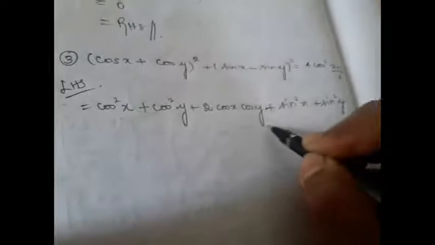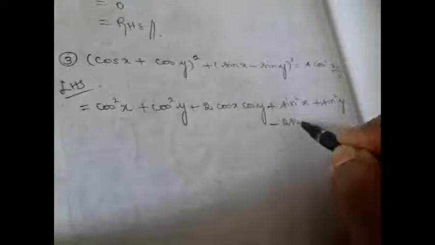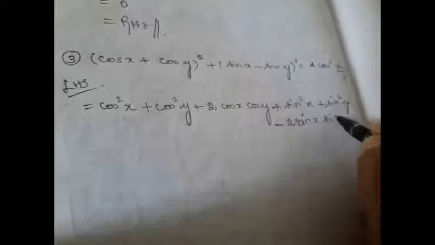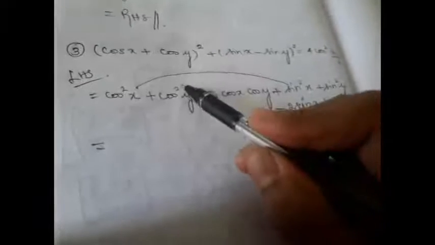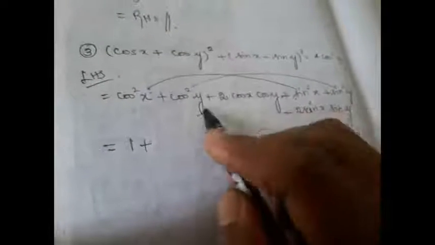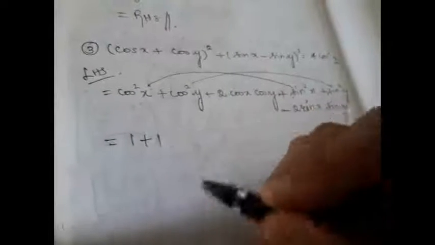Similarly here, plus sin square x plus sin square y minus 2 sin x sin y. Which is equal to, see here cos square x plus sin square x we have, then cos square y plus sin square y. What is it? 1, right? So cos square x plus sin square x will become 1, plus cos square y plus sin square y will become 1.